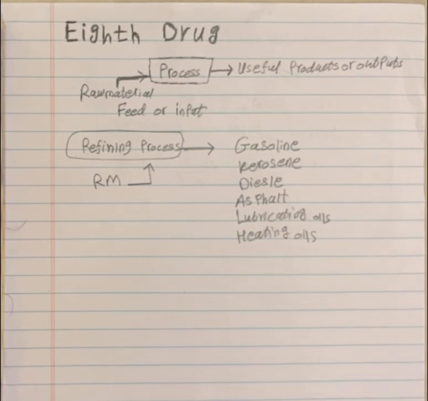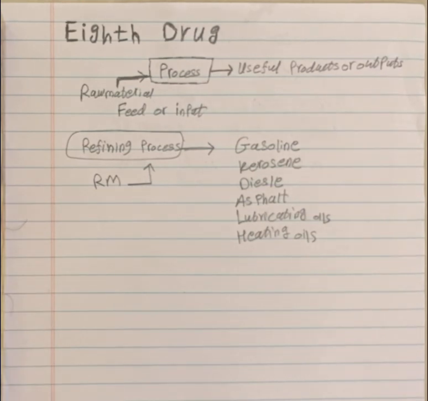Also kerosene for planes and rockets. Diesel for heavy cars like buses or trucks. Asphalt, which is the road basically that our cars drive through. Lubricating oils, which reduce the friction of a certain car or a bus or a truck. And lastly, heating oils that cool off the residential building.